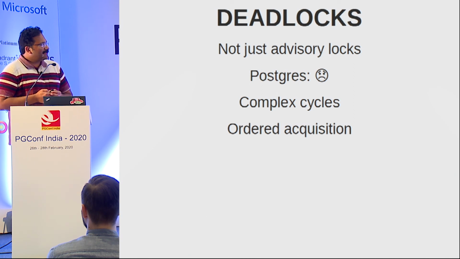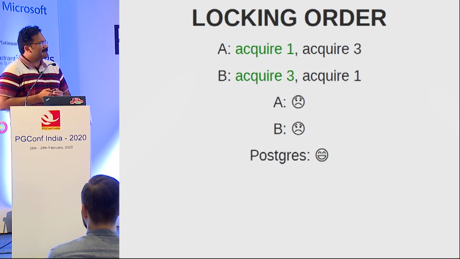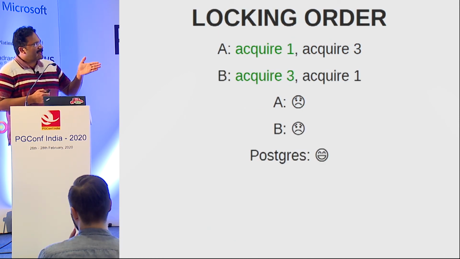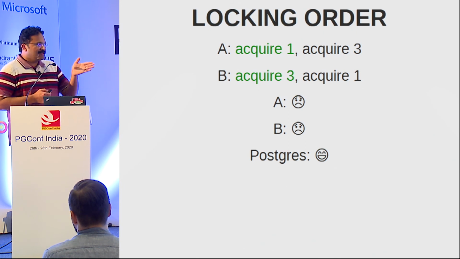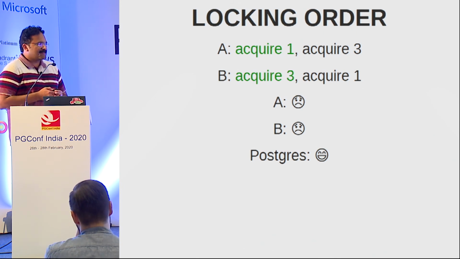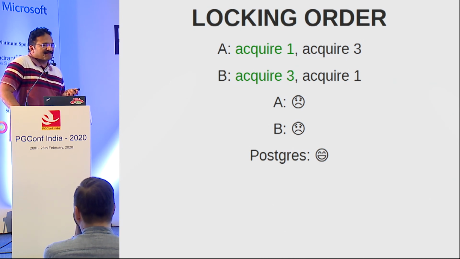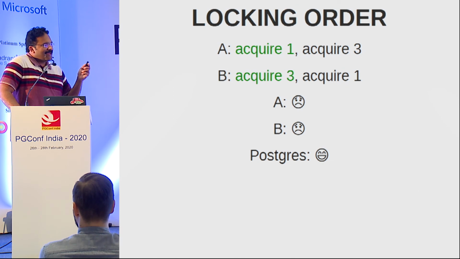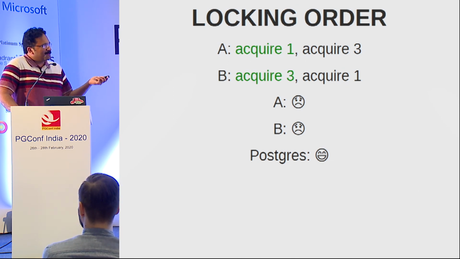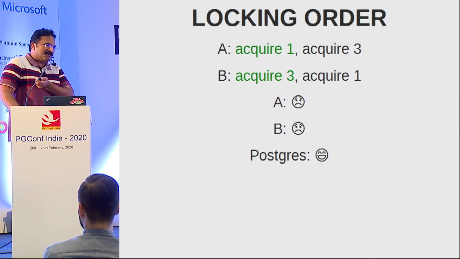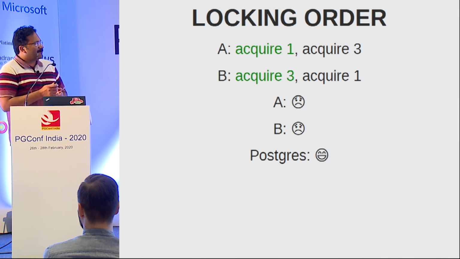So the general solution to this problem is to acquire locks in some kind of predictable order. So if A and B in my earlier example had both tried to acquire a lock on 1 first and then 3, this problem wouldn't have existed, because A would have acquired the lock on 1 first, B would just be waiting, A would successfully acquire a lock on 3, go on to do something and presumably exit releasing the locks, and then B could start doing whatever it wanted to, and the problem would go away.